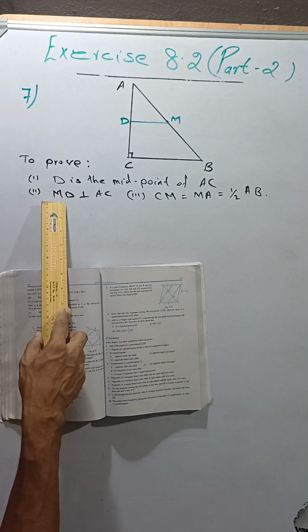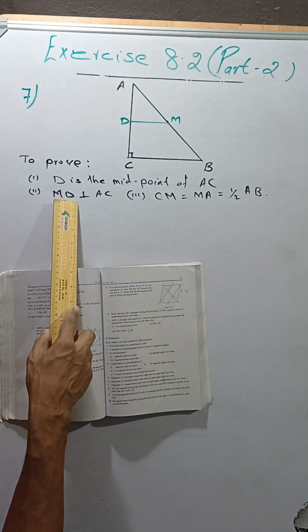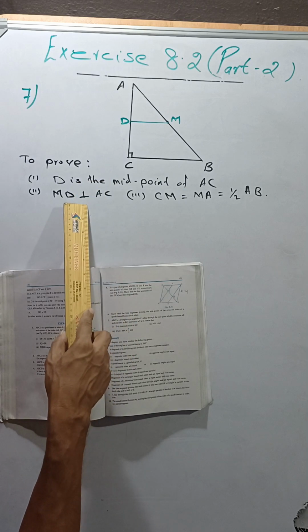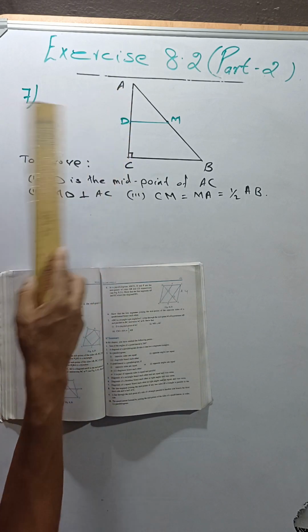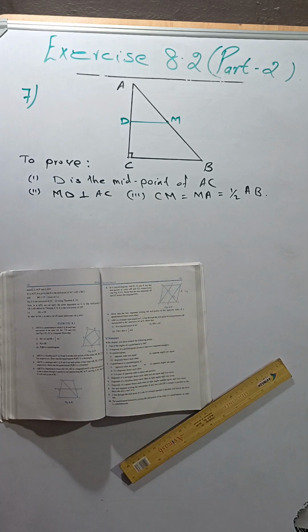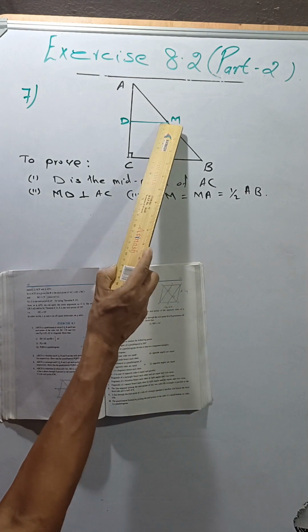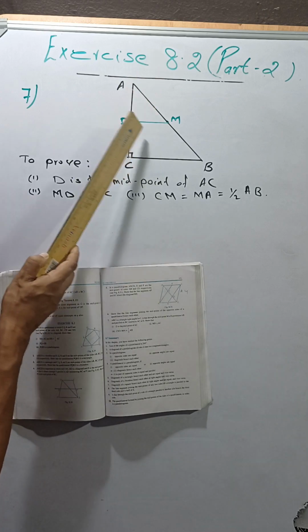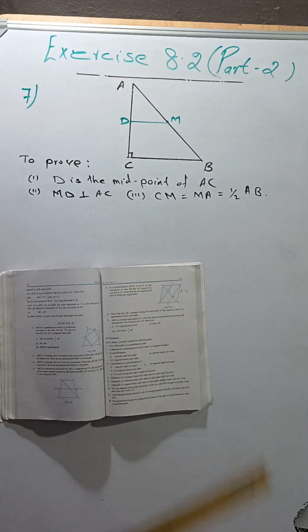Second, you have to prove MD is perpendicular to AC. And third, CM is equal to MA, which is equal to half of AB.